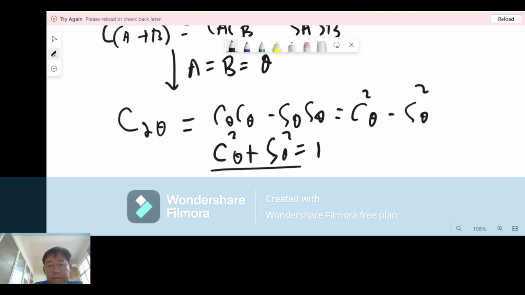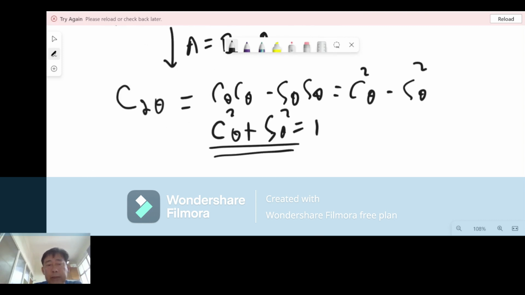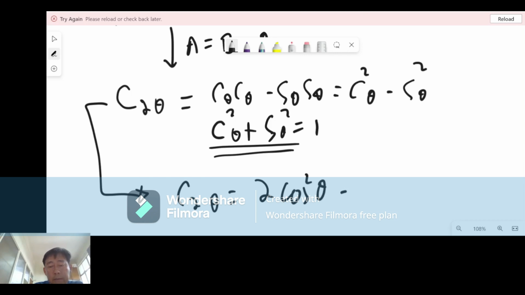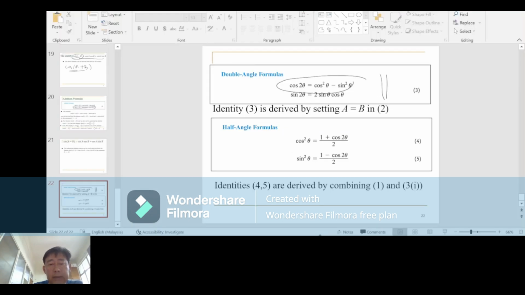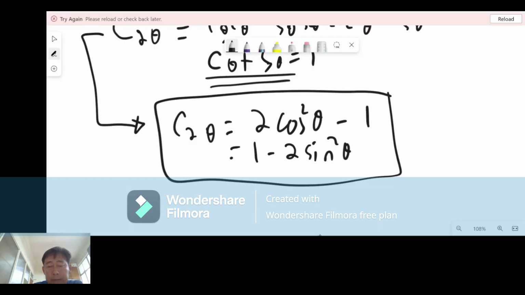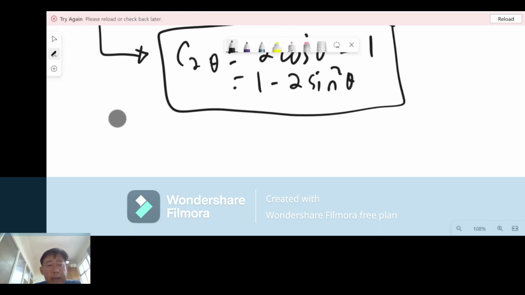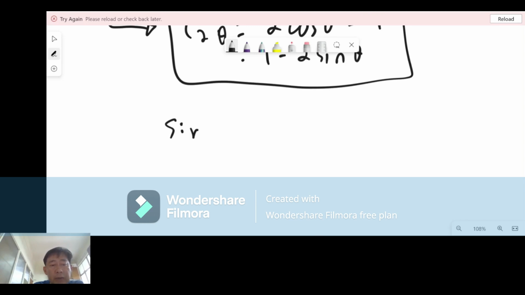So combining with this relationship, you can then cast the identity of cos 2 theta into the form of 2 cos square theta minus 1, or 1 minus 2 sine square theta. So this is another very important identity which is not stated in the slides here, but otherwise it is still a very important identity. Then you have another identity of sine 2 theta.